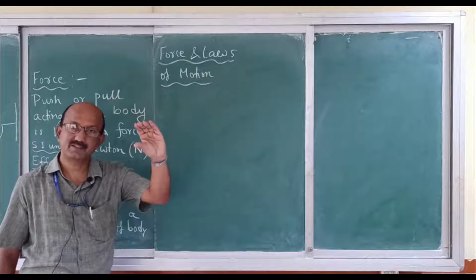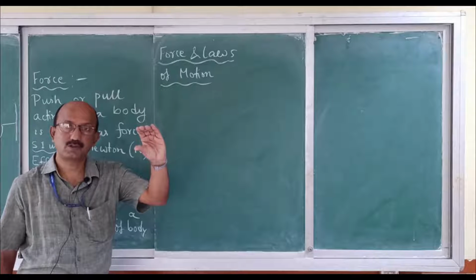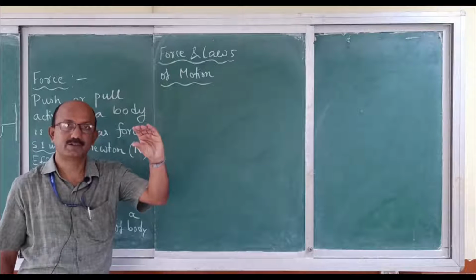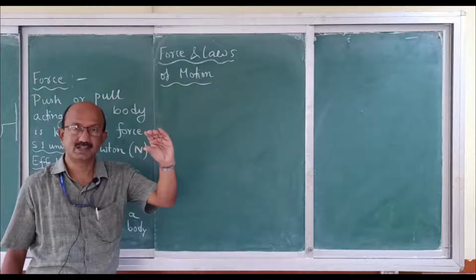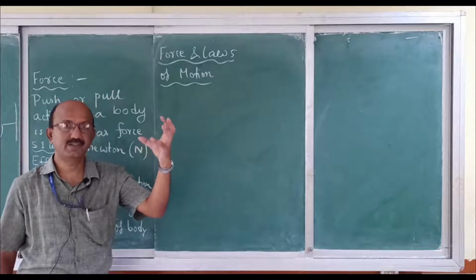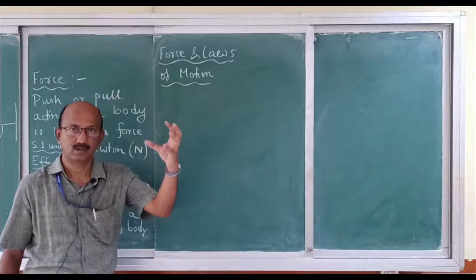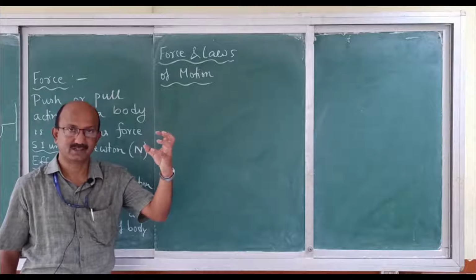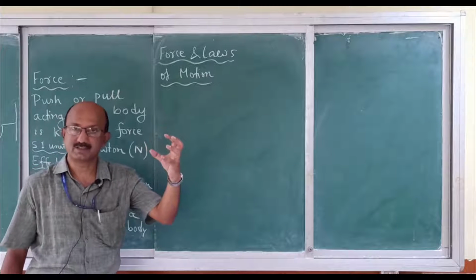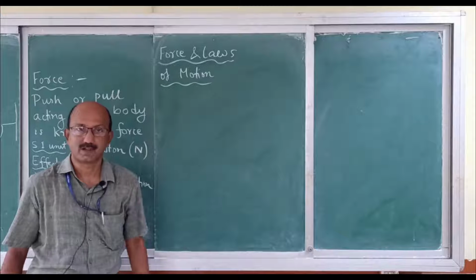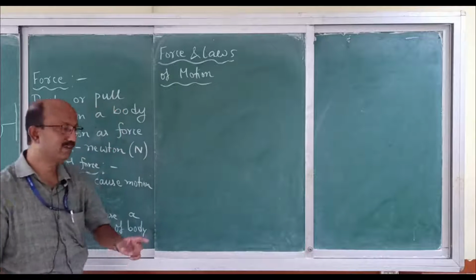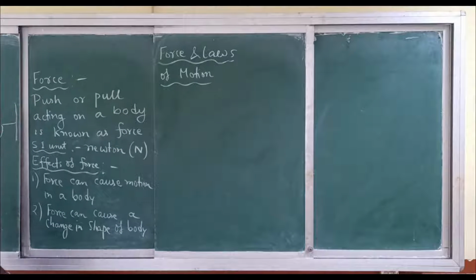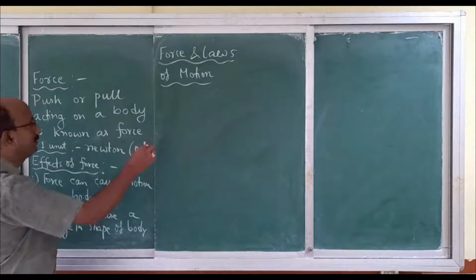So when you press a sponge, the piece of sponge produces some depression, that is a change in the shape. Or if you squeeze a soft ball, then you can see that the shape of the ball changes. In this case you are applying force, and the force is causing a change in the shape of the body.